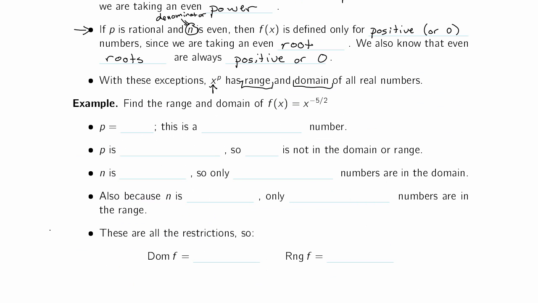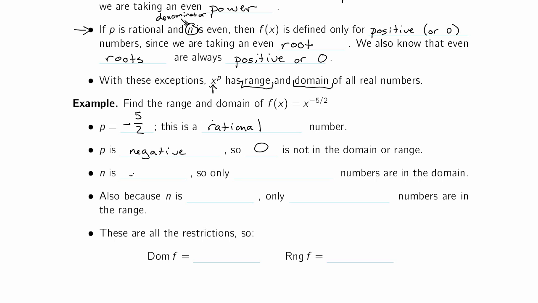Let's find the domain and range of x to the negative 5/2. So the exponent is negative 5/2. This is rational. P is negative, so we throw out 0.